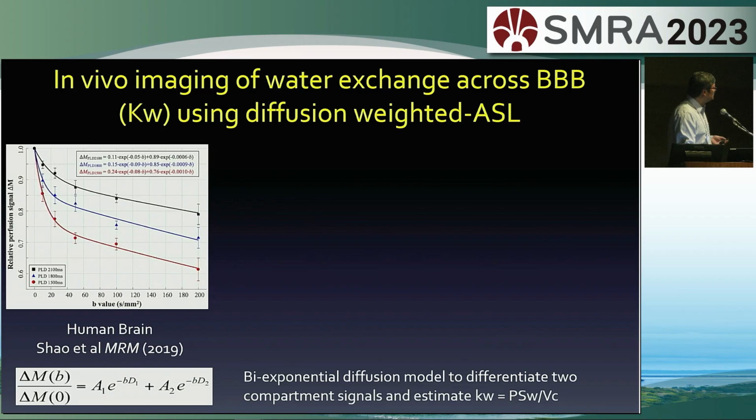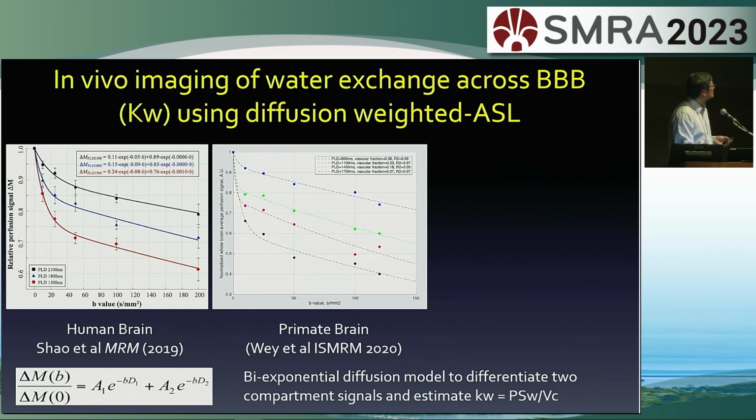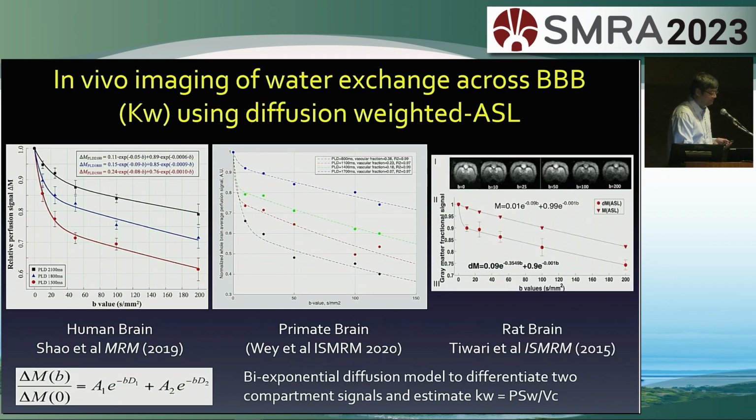Through a bi-exponential model, we have a theory called the two-compartment approximate passage model, APM, and you can estimate KW. We have replicated this phenomenon in monkeys and also in rats, independently by different groups.